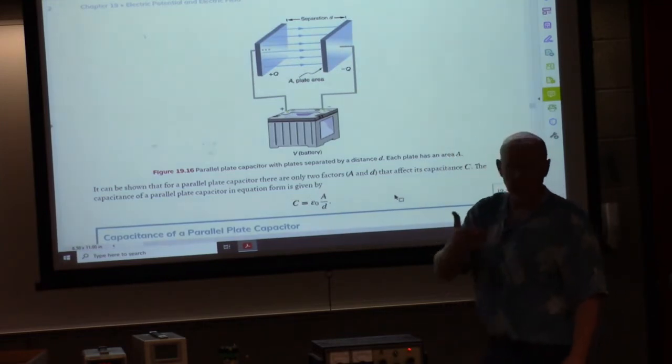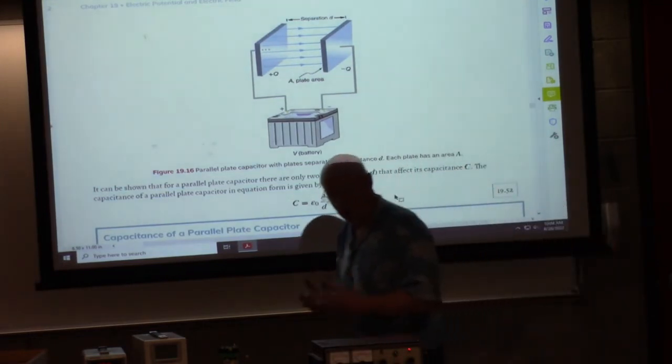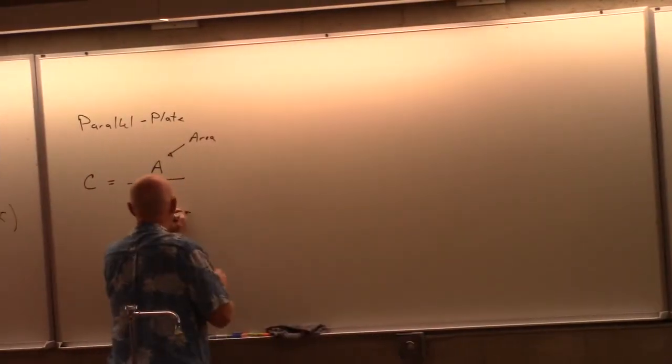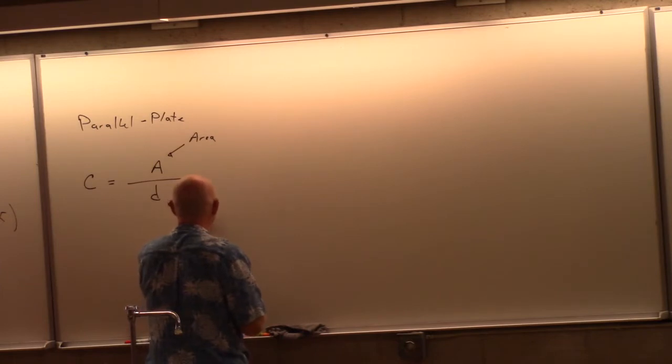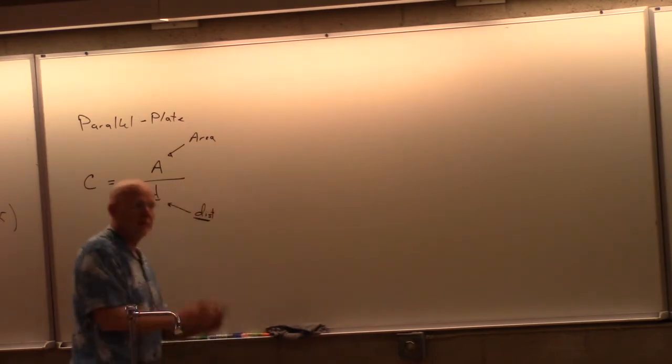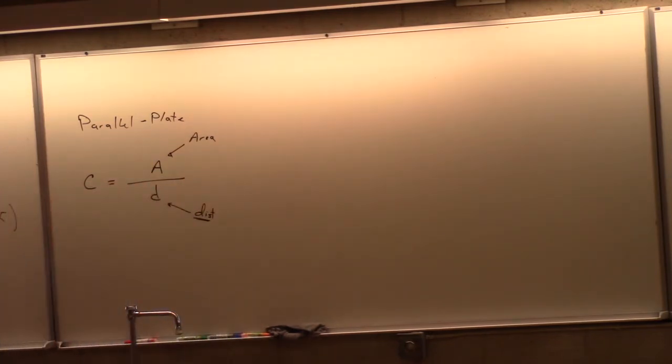And so if you're trying to get a lot of capacitance, your goal would be, number one, to get a lot of area, and then number two, to get the distance between the two plates as close as possible. However, like I said, if you get them too close, you get problems because they'll spark.